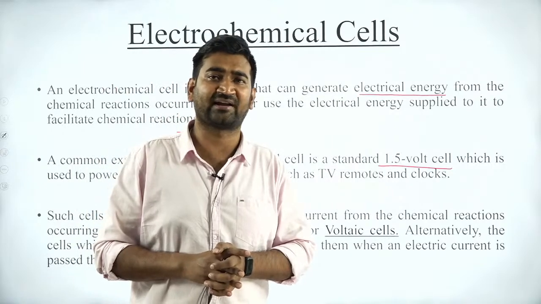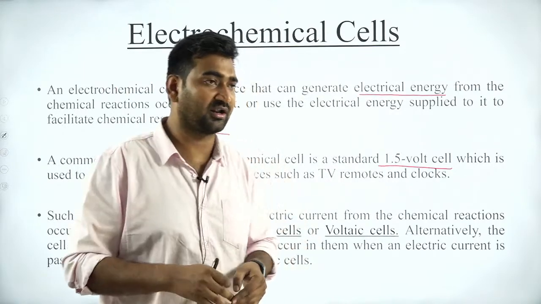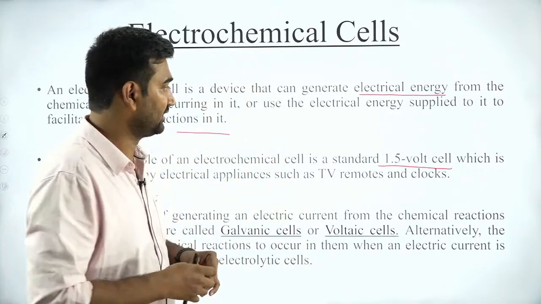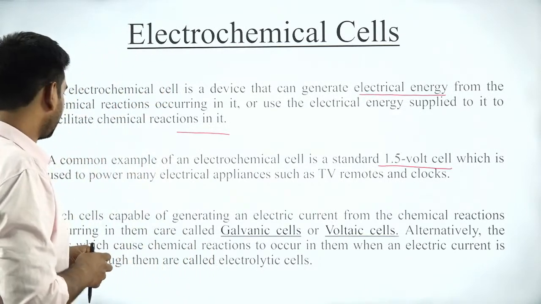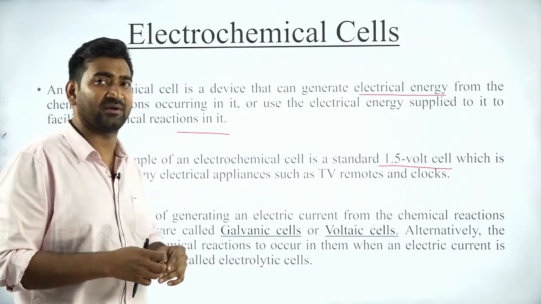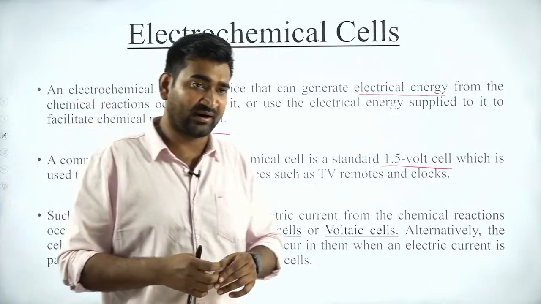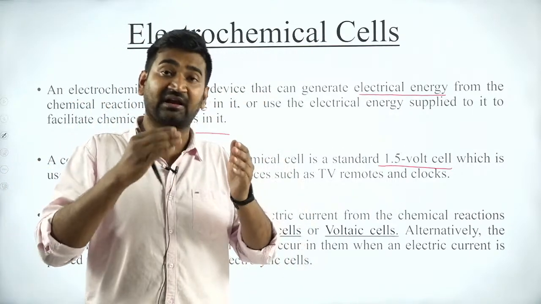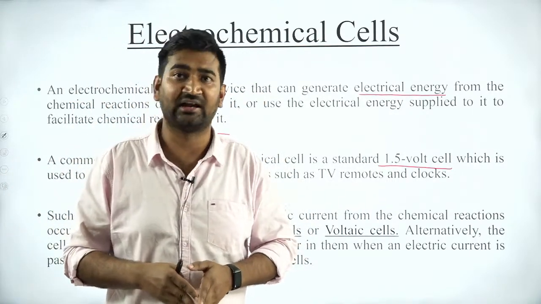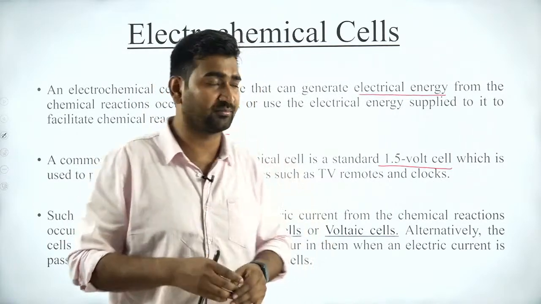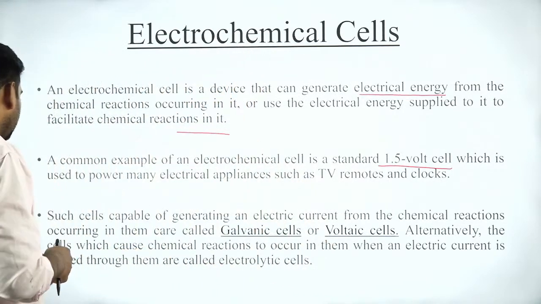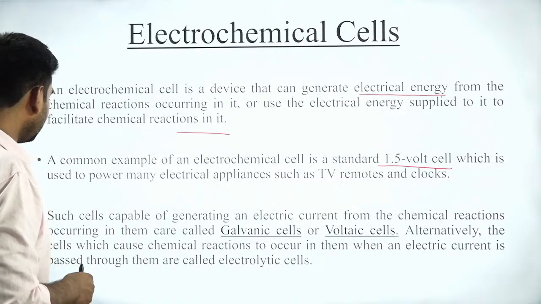Those batteries run in a TV remote or a wall clock. So they are electrochemical cells only. There the chemical energy is getting converted into electrical energy. So that is the application part of it. So that is an example.